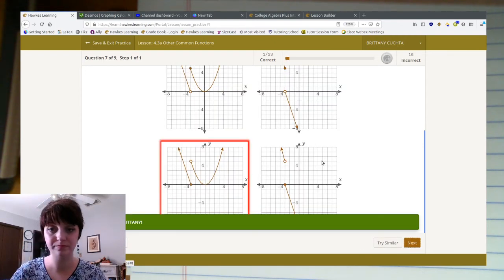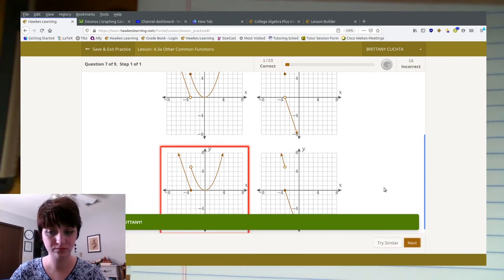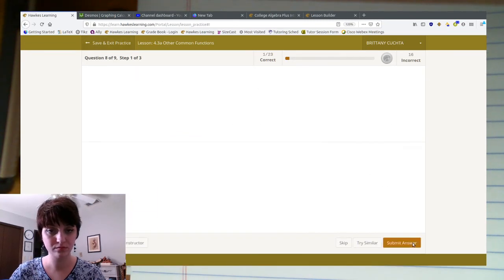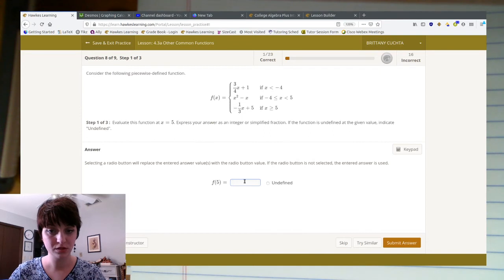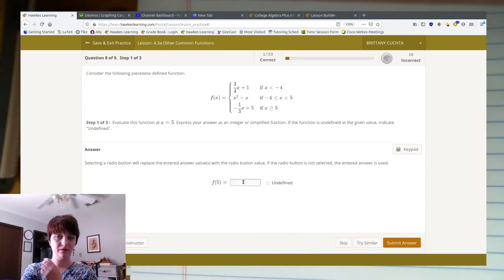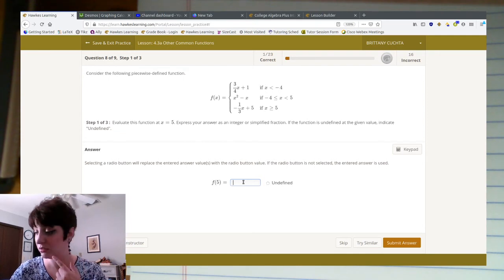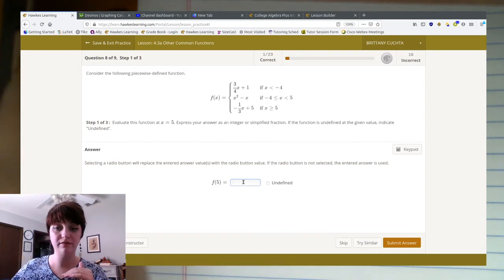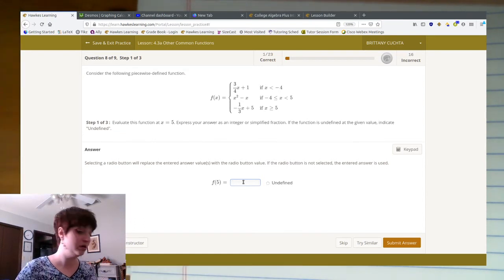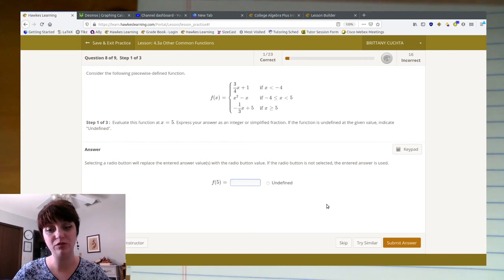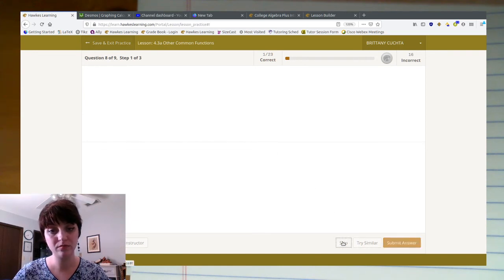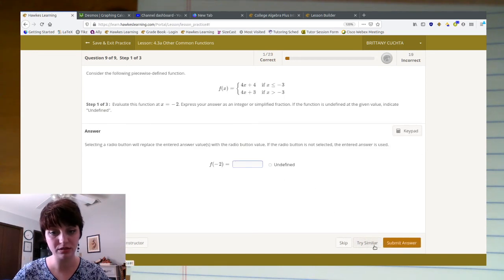All right. So you also have to evaluate some functions at different points. This is what we were doing in the previous one. So f at 5 here, you would be in region 3. Oh, I forgot that I can hit try similar.